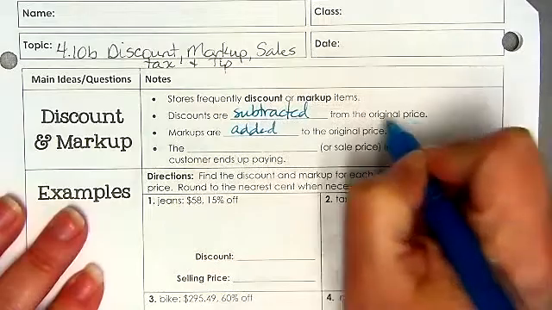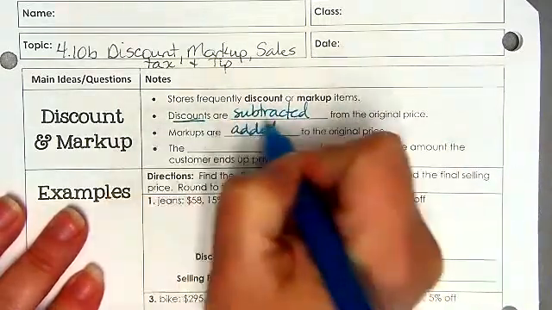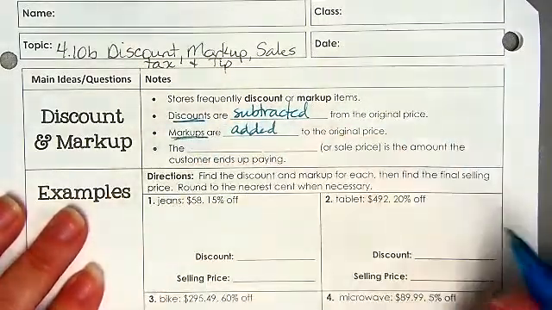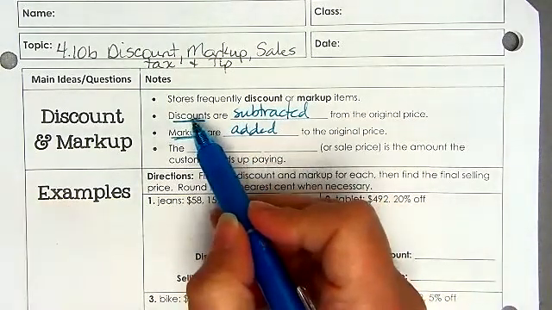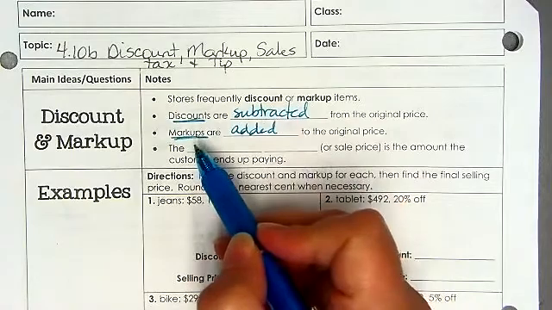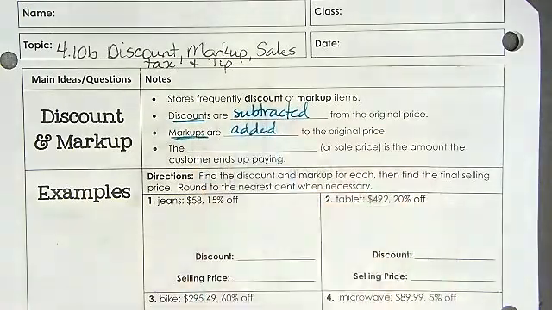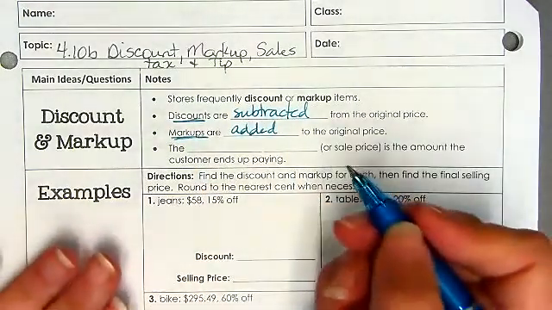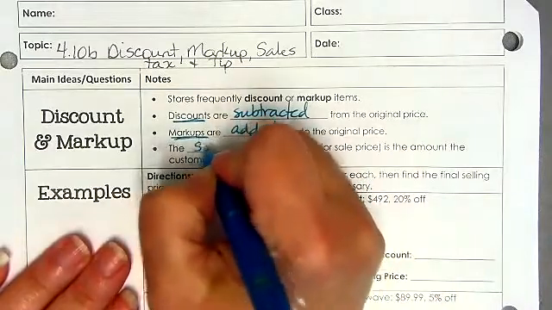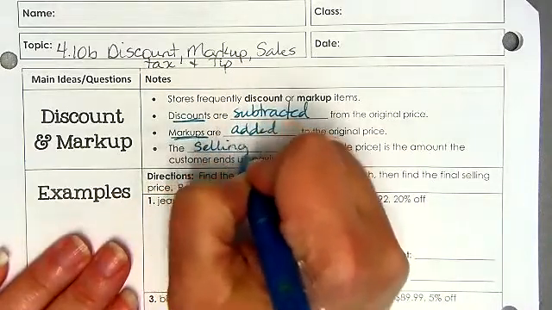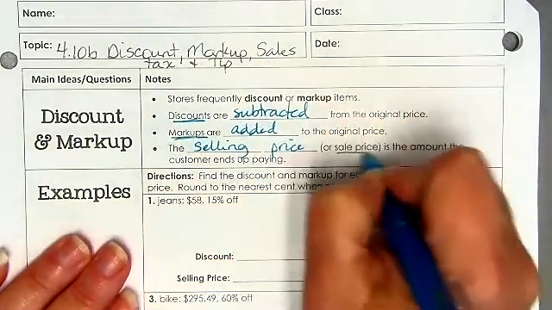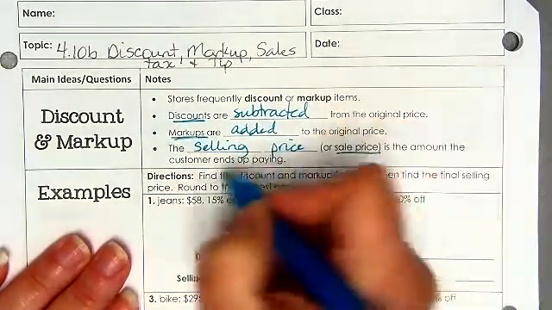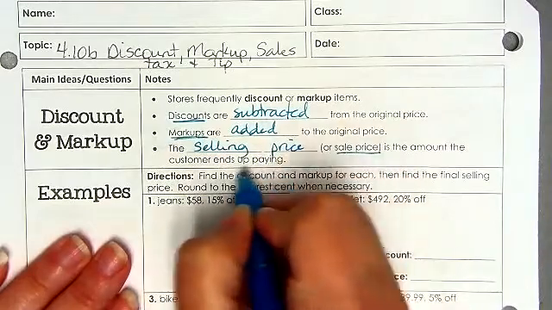So discounts are subtracted, markups are added to the original price. Think discounts, negative, subtract. Markups, positive, add. The selling price or sale price is the amount the customer ends up paying.